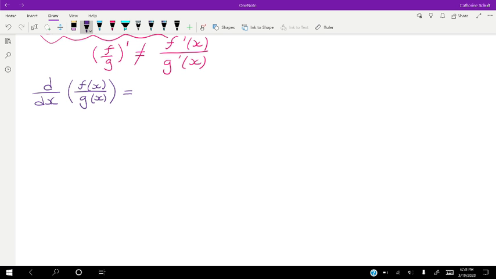So the order is important. We start with the bottom function and take the derivative of the top first, and then you subtract the opposite: numerator times the derivative of the denominator.